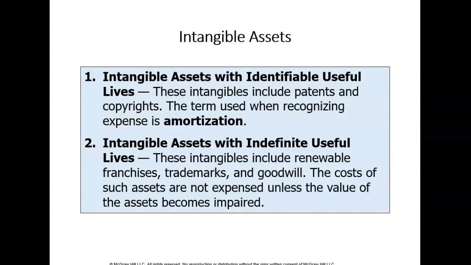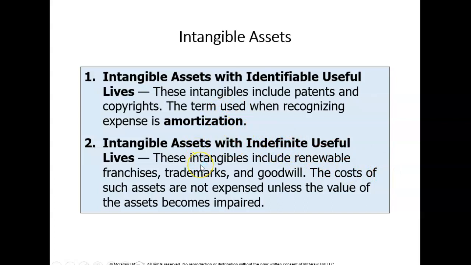When it comes to your intangible assets, there are some that have what we call an identifiable useful life, and they go through a process known as amortization, which is similar to depreciation or depletion for your tangible assets. And then there are other intangible assets that have an indefinite useful life.